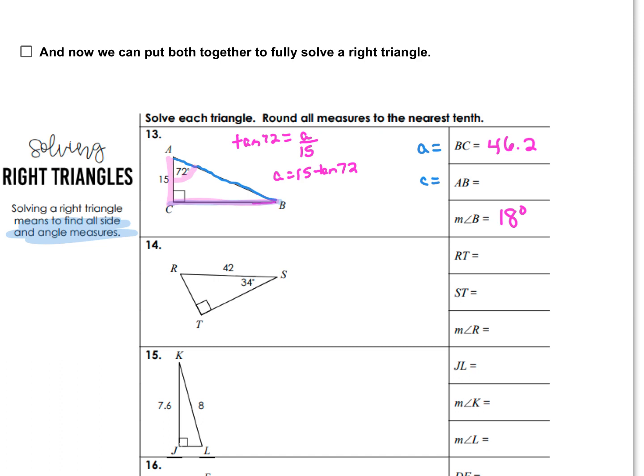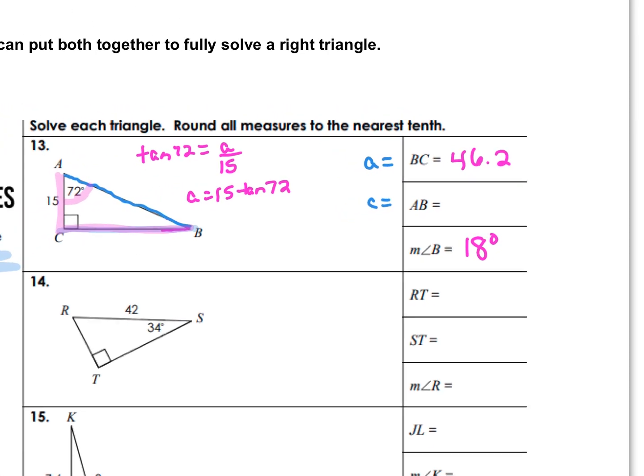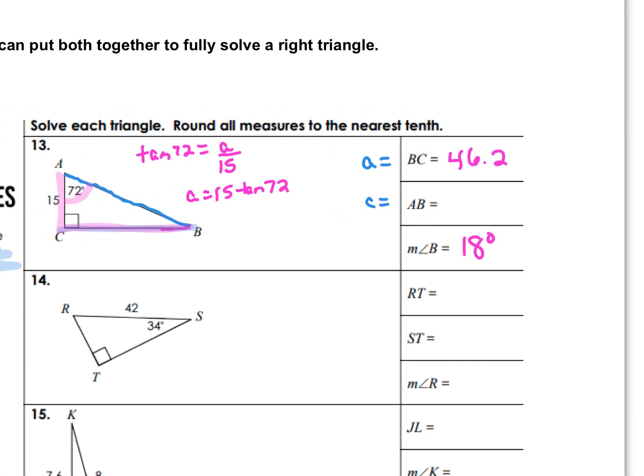Okay, so think about that for a second. At this point, we do have that side. Here's the issue as to why I don't like using the Pythagorean theorem. I've rounded this answer, and so that rounded answer can affect this overall answer for side C also. So that's the other reason why I would rather use the information that I am given rather than going on and using something that I just figured out.